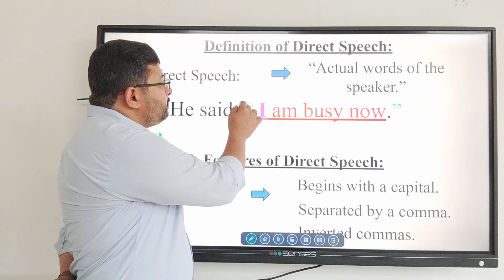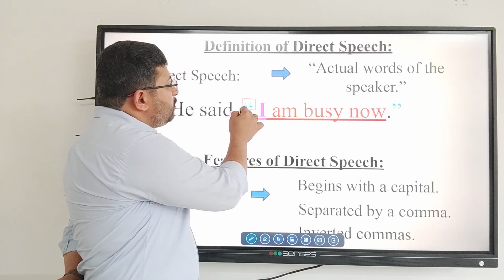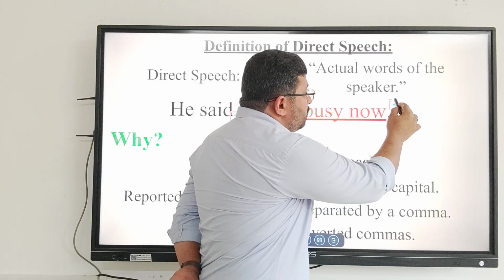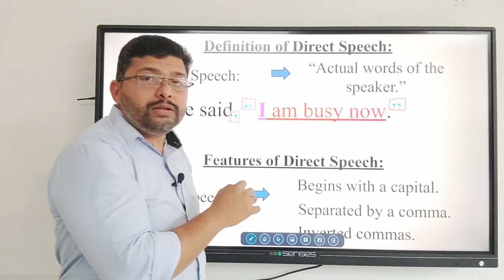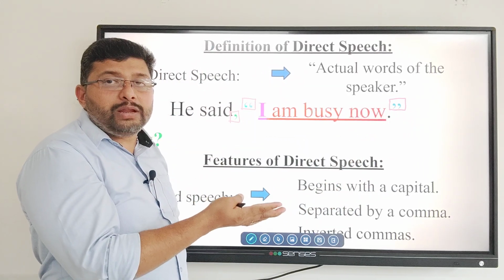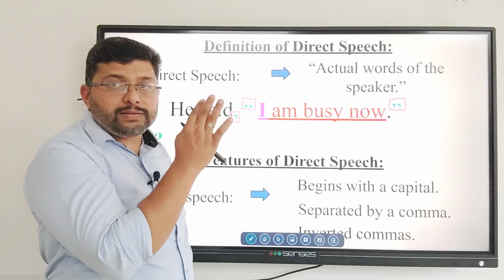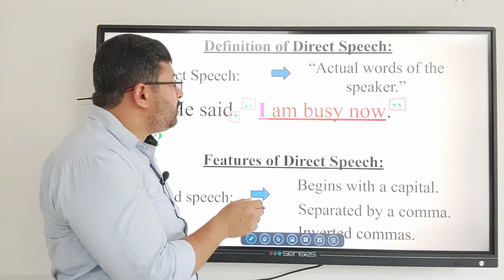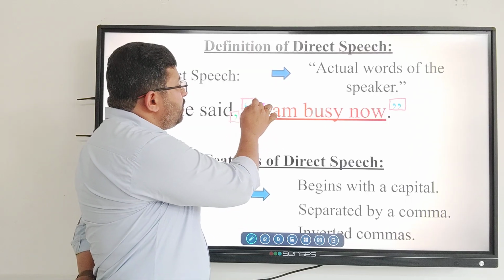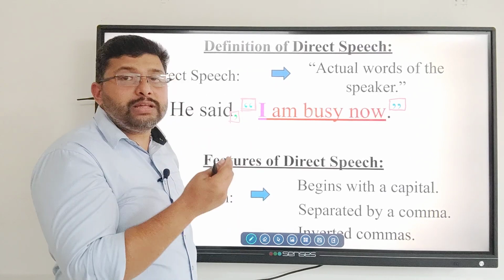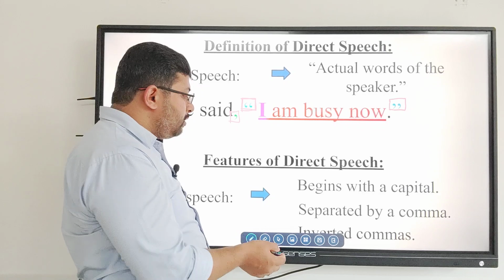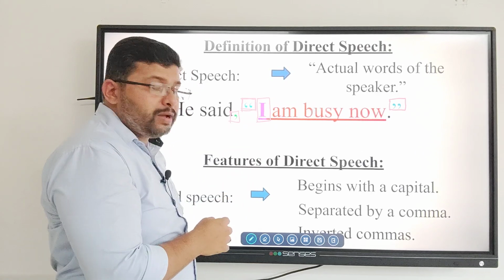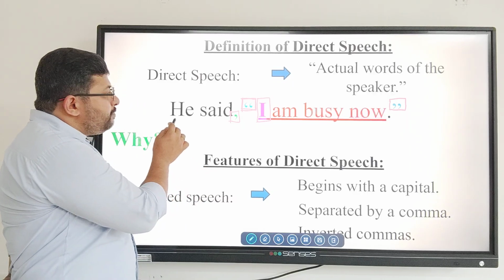So the second one, double inverted commas. Inverted commas are used to make sure that what is going to be written next is the actual words of the speaker. The actual words of the speaker are recognized by these double inverted commas. And the third point, there will be a capital letter within the inverted commas. See, actually the sentence starts from here.